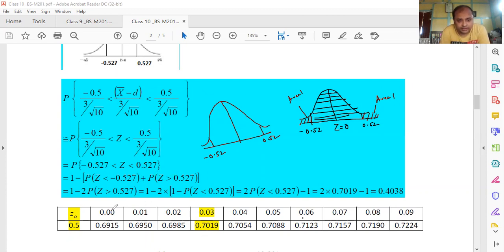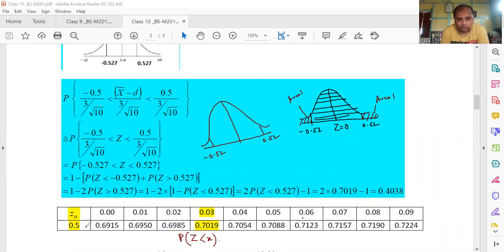Because we know the table which I am showing here below, this table has been taken from the original table which I showed you in the previous session. It is the table representing the probabilities where z is less than x. I have considered the section for 0.5 only, because I am interested in 0.5, and all the column headings have been written over here.